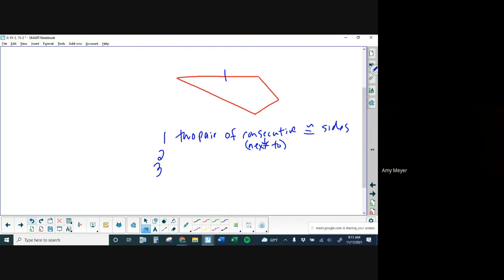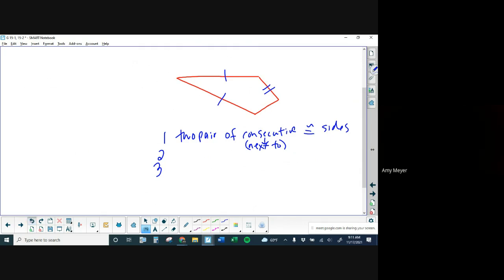The kite is going to have another side right next to it that is congruent or matches. Those are next to each other. That's 1 pair of next to each other congruent sides. But this actually has 2 pairs.